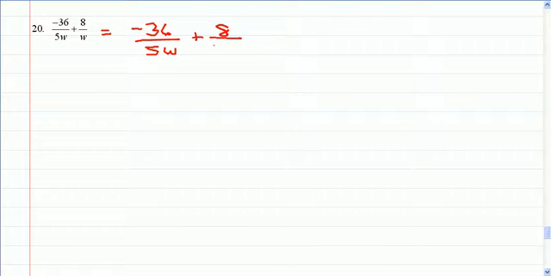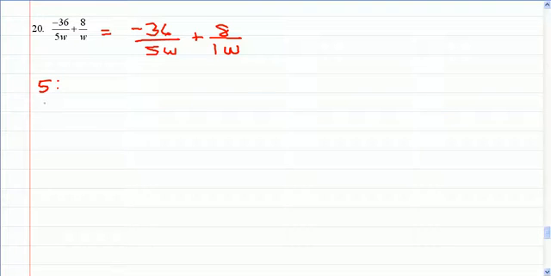And the last problem, negative 36 over 5w plus 8 over w, and w is the same as 1w, so if it helps you can write the 1 in.